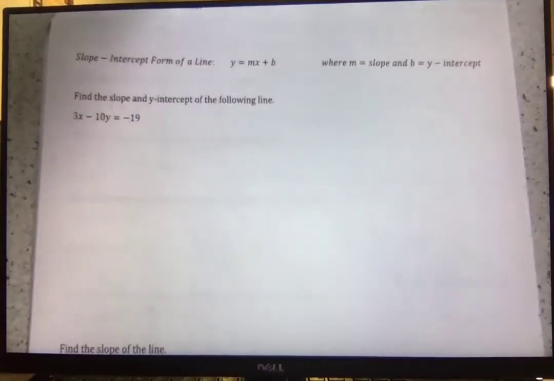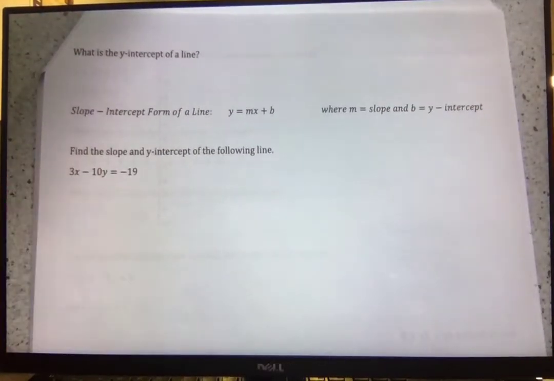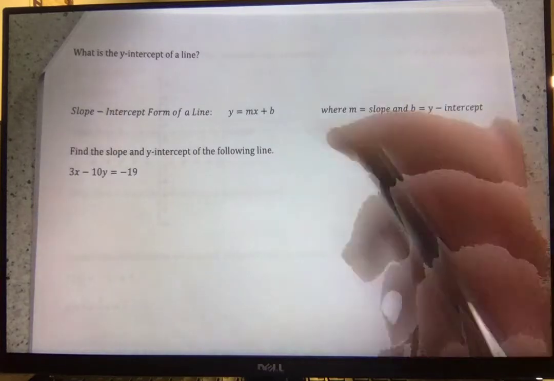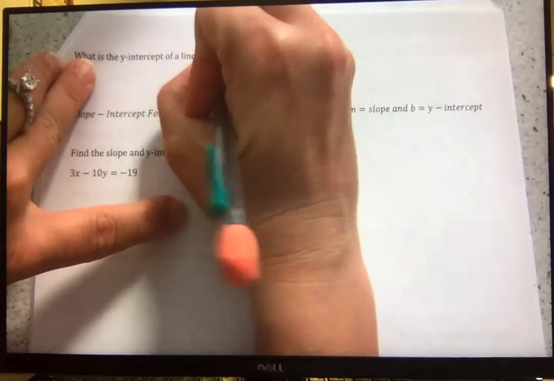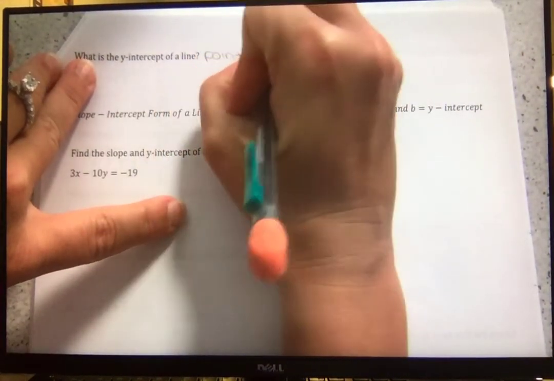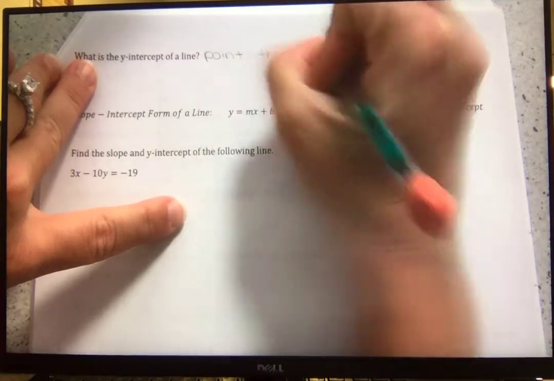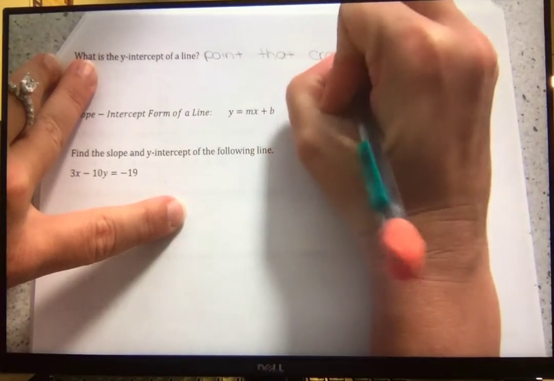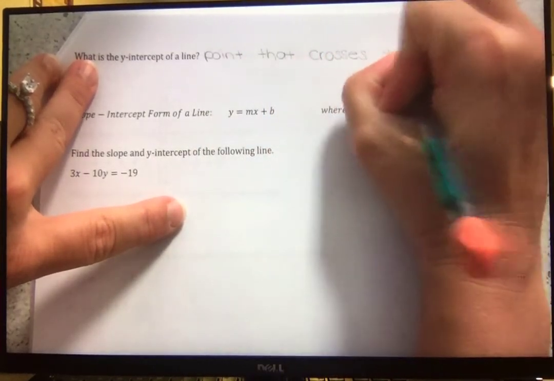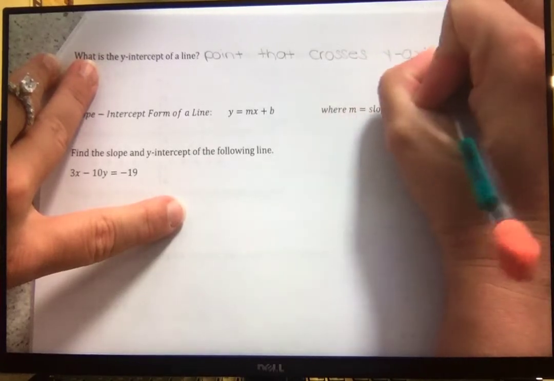So we're dealing with slope. Now we're dealing with the y-intercept. It asks us, what is the y-intercept of a line? When the line crosses the y-axis. Perfect, thank you. It's the point that crosses the y-axis.